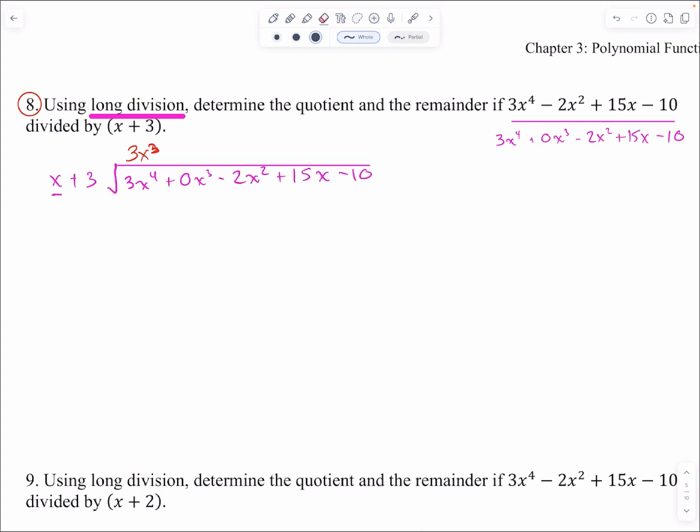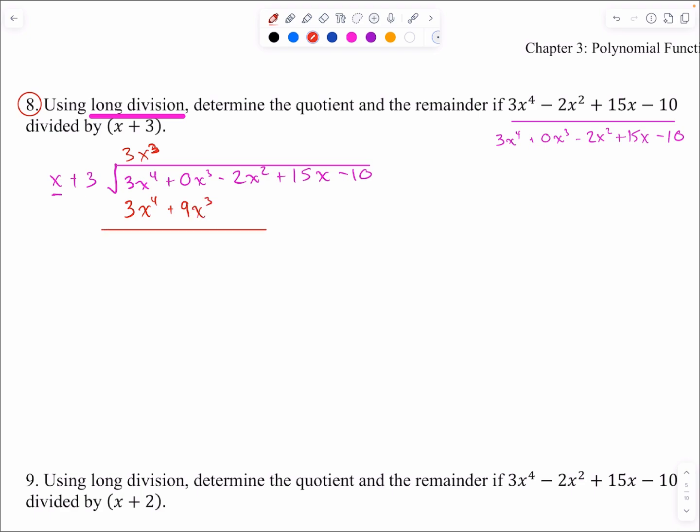So the next step now is to distribute that 3x cubed to both of these terms. So 3x cubed times x is 3x to the 4, and then 3x cubed times 3 is plus 9x cubed.